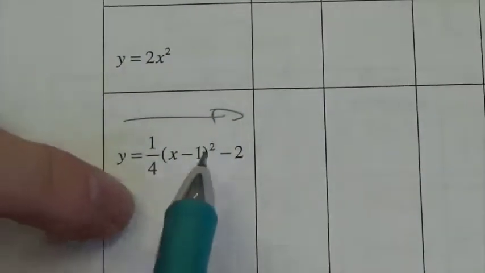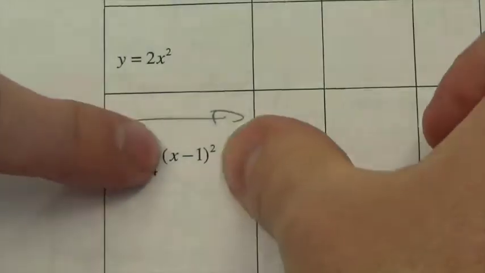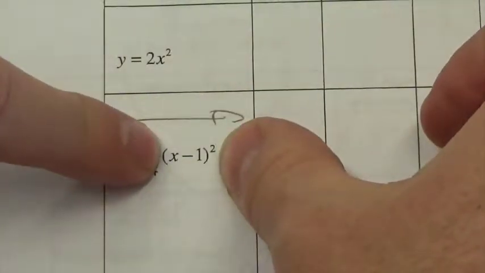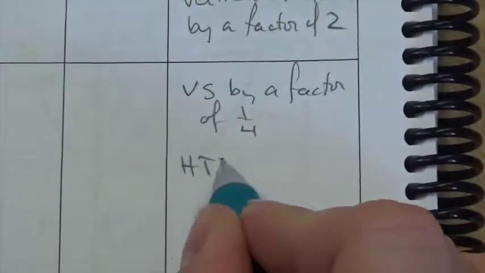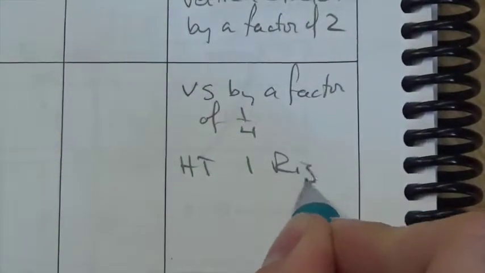Now we've already gone through these ones here. Inside the parentheses, this is affecting the graph horizontally. I'm subtracting 1 from the x. If I was to get x by itself, I would have to add 1. So there's been a horizontal translation, 1 to the right.